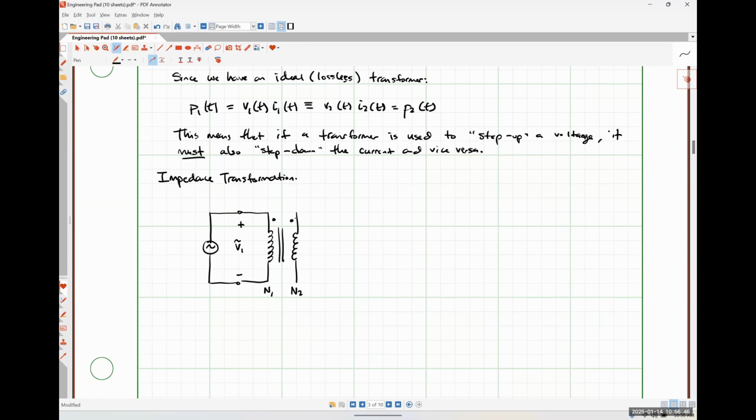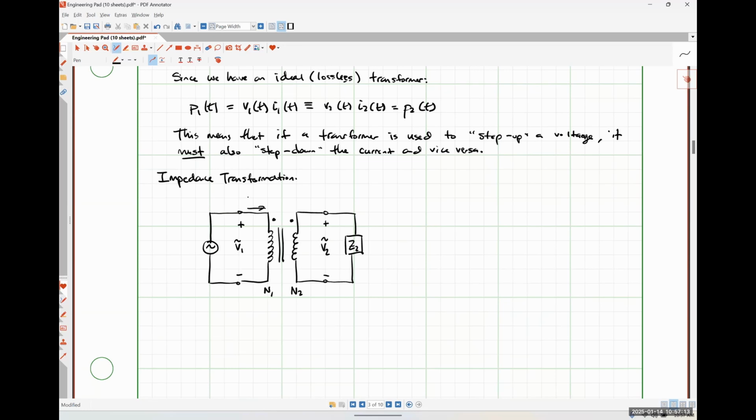I'm defining everything, dots are on the same side and all that kind of good stuff, so that we don't have to worry about literally any of that gobbledygook in this class. I've got some impedance that I'm calling Z2 because it's connected to the secondary side of the transformer. Here is my secondary voltage V2.